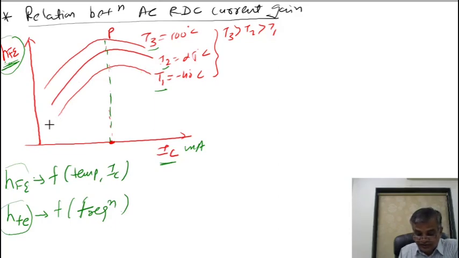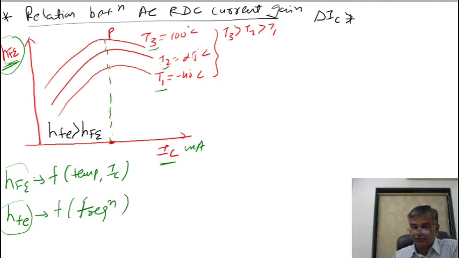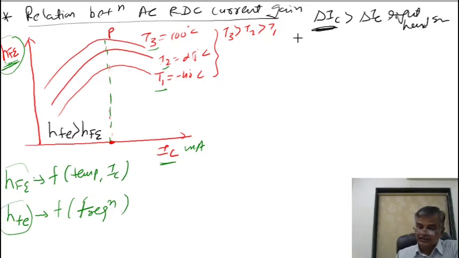So in this region, in the left hand side, the variation in collector current is more than on the right hand side. So this variation in IC is more, so AC current gain is greater than DC current gain.